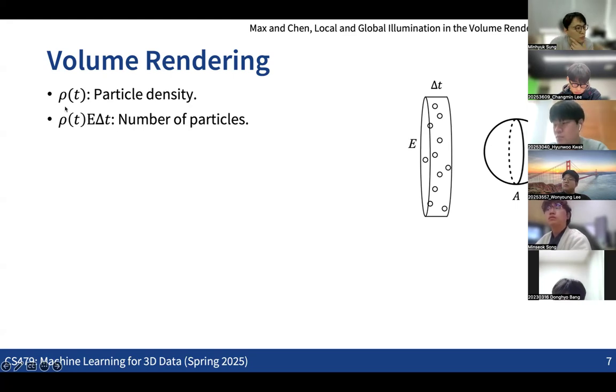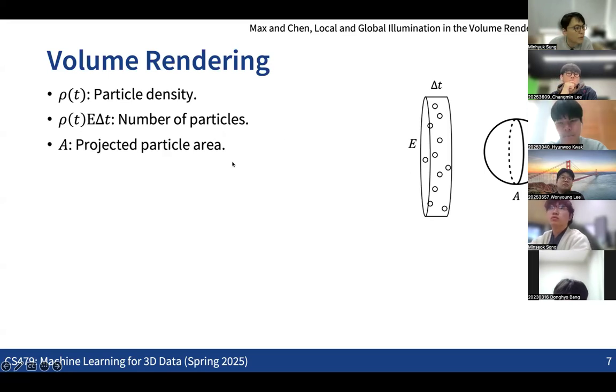So let's say rho here is the density, E is the area of the section, and delta T is the time the ray flies in the 3D space, which also corresponds to the height of the cylinder. When you multiply the area of the section E by delta T, this gives the volume of this slice of the cylinder. And when you multiply the volume with the density, this gives the expected number of particles.